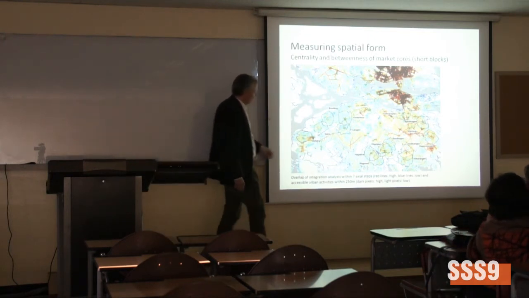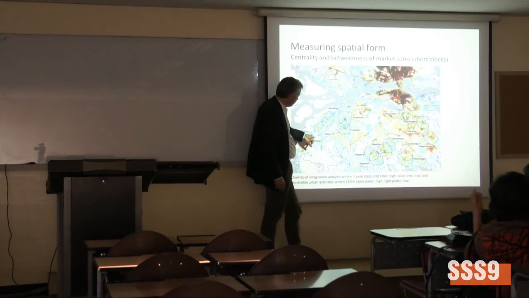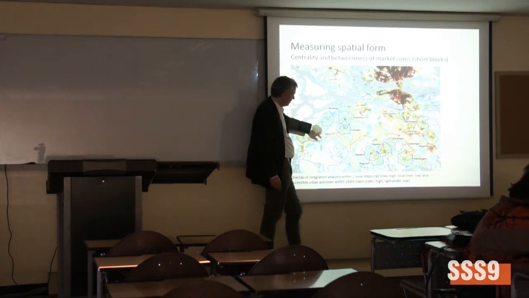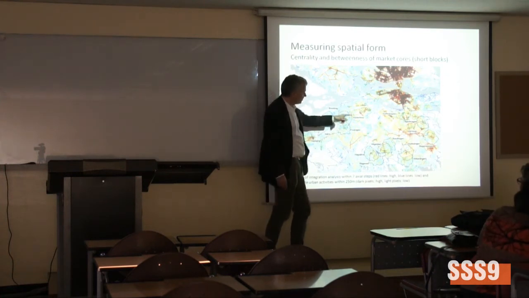And then we can see how this varies. In certain places we do get correlations between integration and where the shops are. In other cases we clearly see that they do not overlap at all, and so forth.